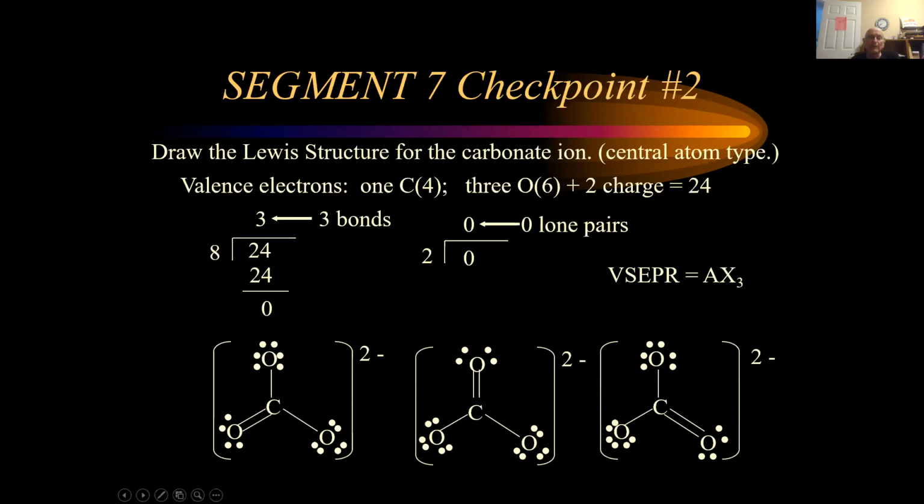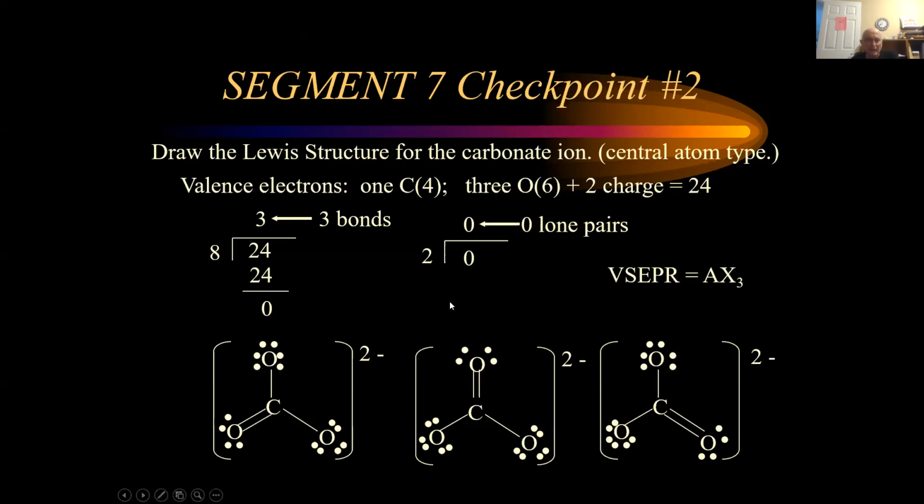Now, if I were to look at each one of these structures individually, I would say, well, there's a double bond. It's stronger and shorter than the carbon-oxygen single bond. So I would expect 2 long bonds and 1 short bond in this one, 2 long bonds and 1 short bond in this one, 2 long bonds and 1 short bond in this one.